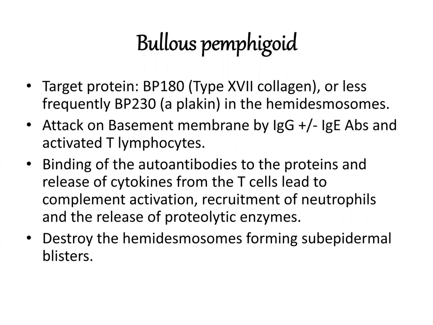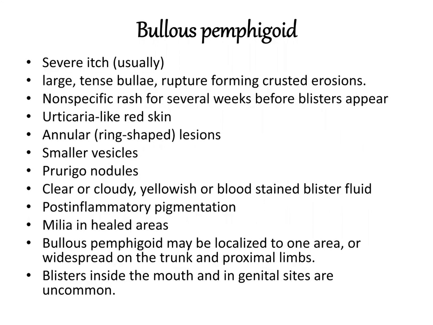And in the histology, we may see neutrophils, which destroy the hemidesmosomes. So when the binding structure is damaged, the cells will separate from the basement membrane, causing a subepidermal blister.